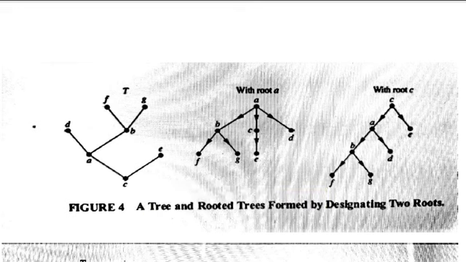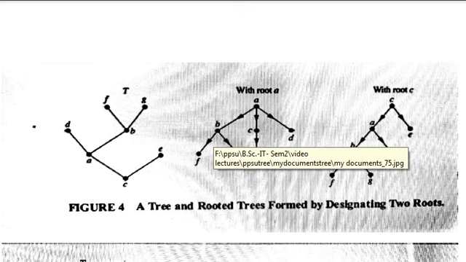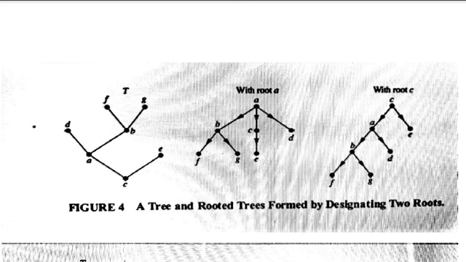If I take A as a root, then I can draw it this way. A's branches are 3: C, B, D. Then B has 2 branches, F and G. C has only one, E, and D doesn't have any branch.